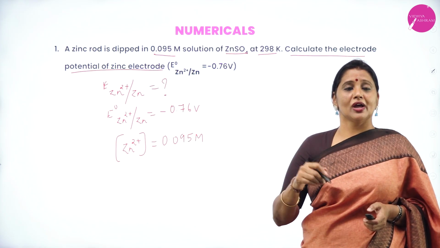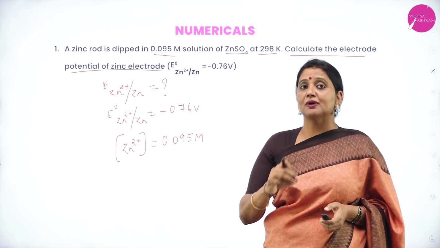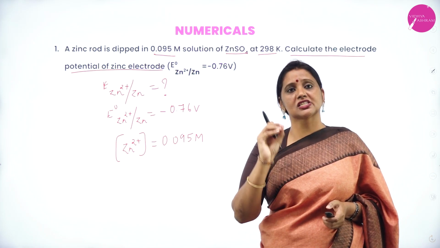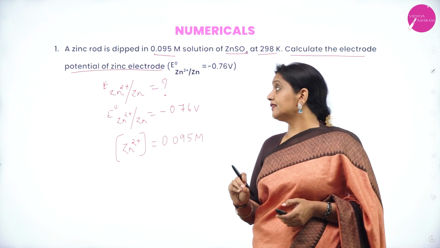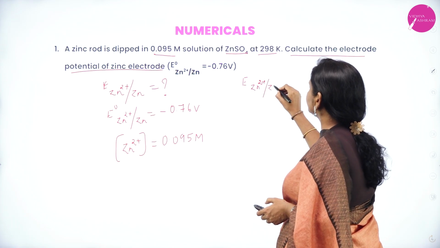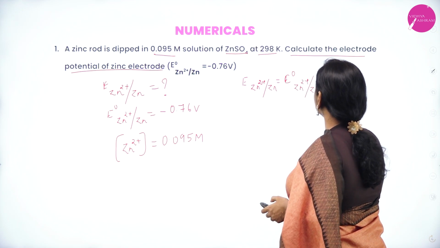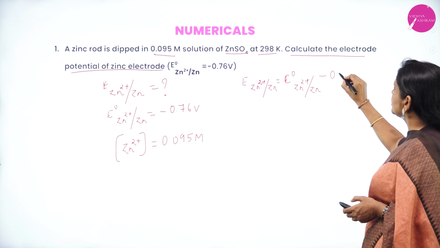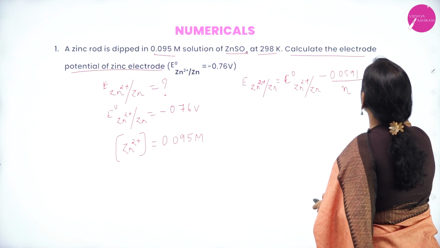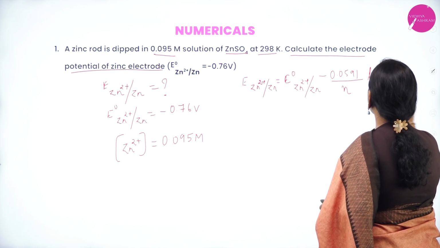In the problem, we have to find the electrode potential of zinc electrode, but its standard electrode potential is minus 0.76 volt, and the zinc ion concentration is 0.095. As you know, the Nernst equation is: electrode potential of zinc is equal to standard electrode potential of zinc ion minus 0.0591 divided by n, log of 1 by molar concentration of metal ion.